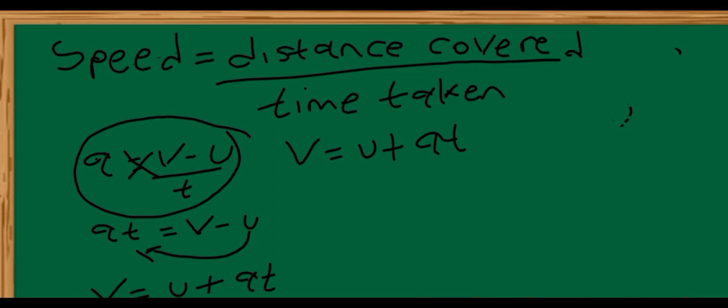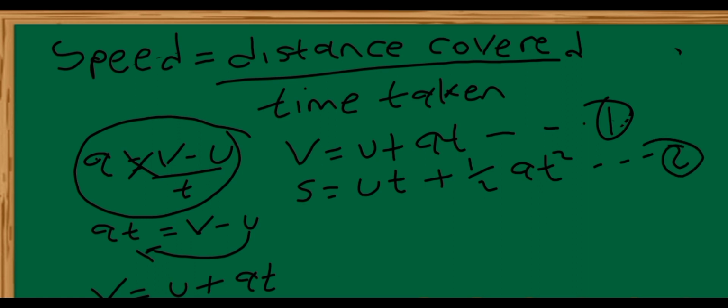And let's get to the second formula. The second formula is much easier. It's s equals ut plus half at squared, where s is the distance, u is the initial velocity, t is the time, a is acceleration, and t squared.